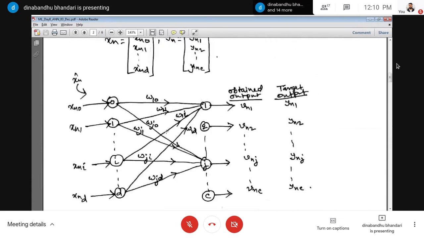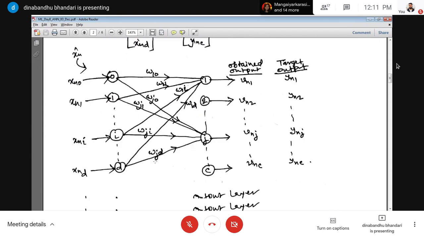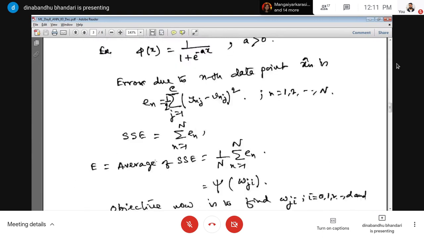So come back to this architecture here. What we are doing is you feed one data point through this network. It goes through all those things and provides Vnjs. Then you calculate the error. Now you backpropagate this error to modify Wji. That is theoretically in our mind, but while writing the program, you just follow this one.